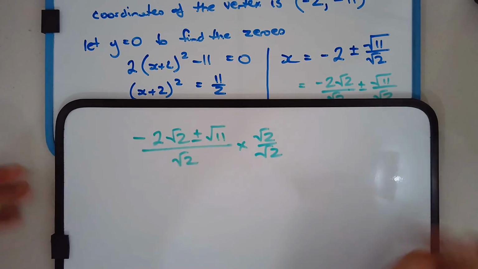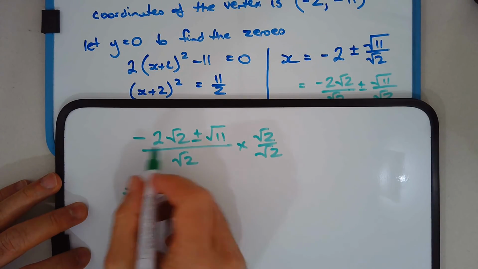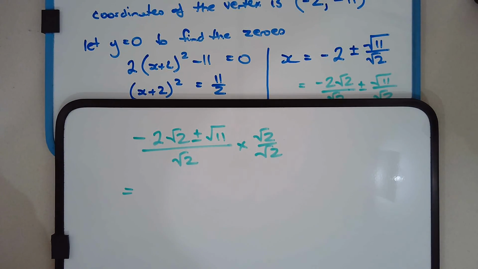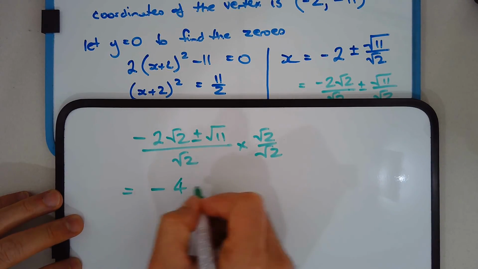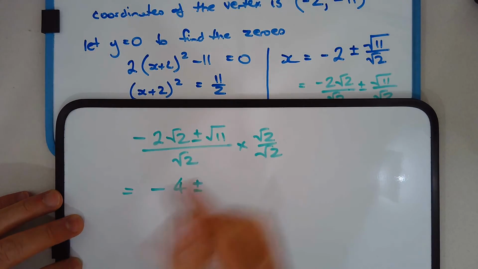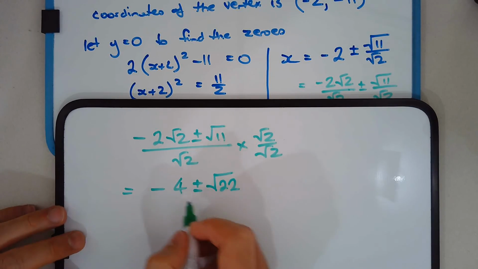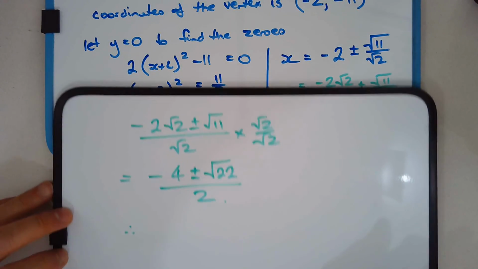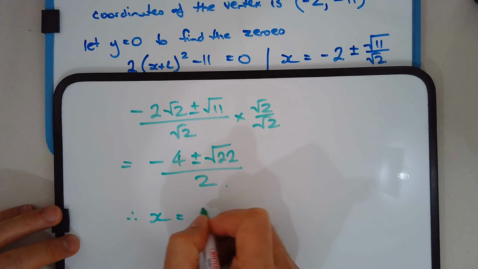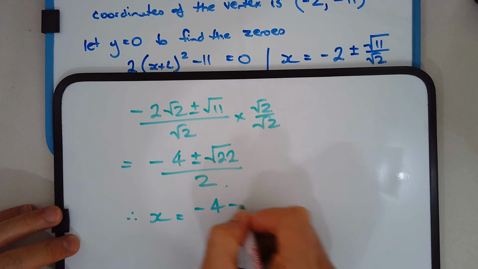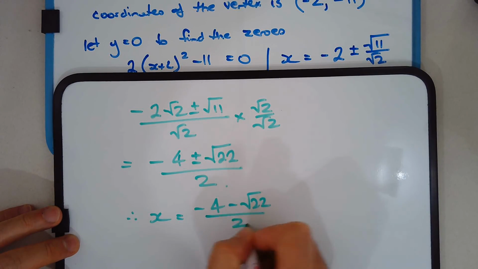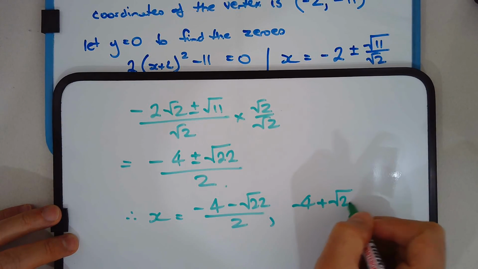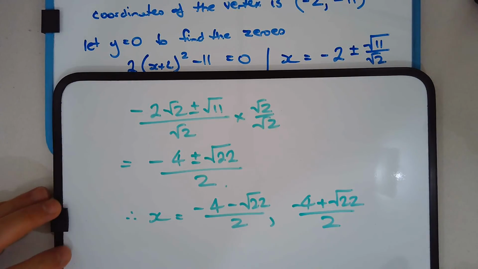That gives us negative 2 root 2 multiplied by root 2, which is negative 4, plus or minus the square root of 22, over 2. So therefore, the zeros are x equals negative 4 minus root 22 on 2, and negative 4 plus root 22 on 2.